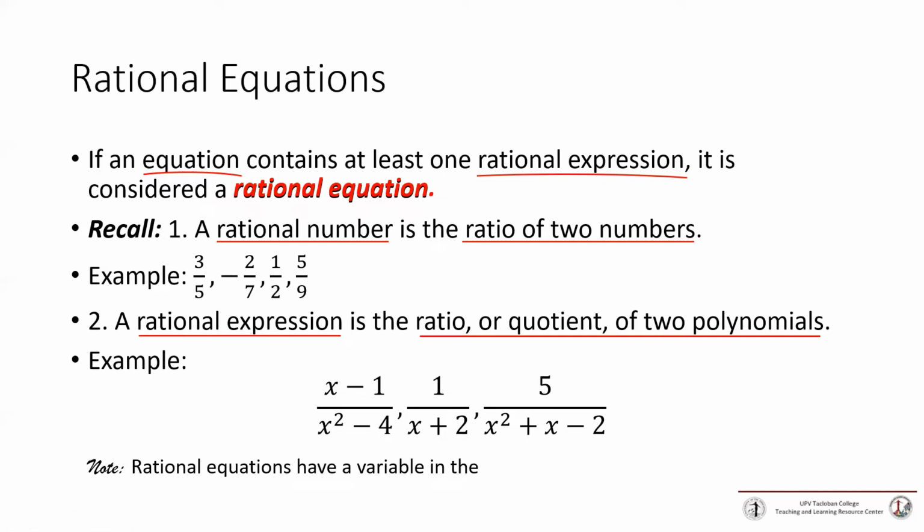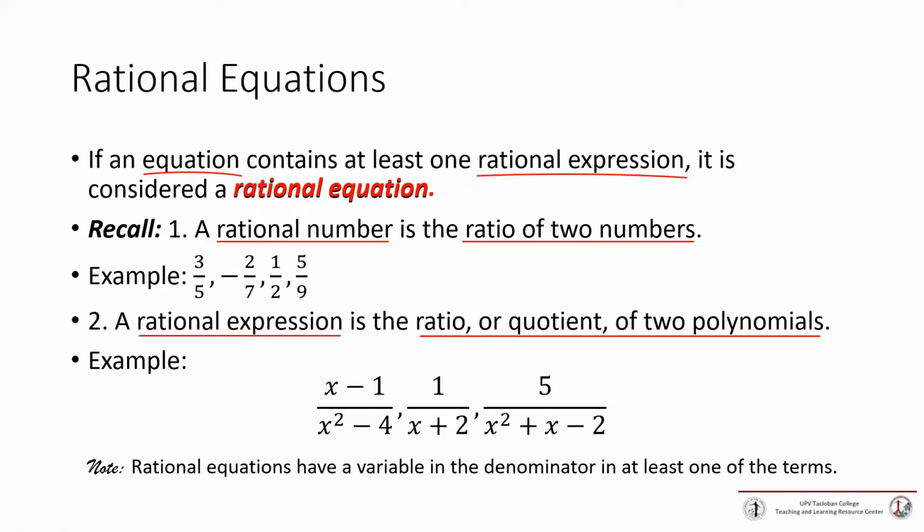So note that rational equations have a variable in the denominator in at least one of the terms. Okay, that's very, very important. That's a sign that you can use to determine if an equation is rational or not.